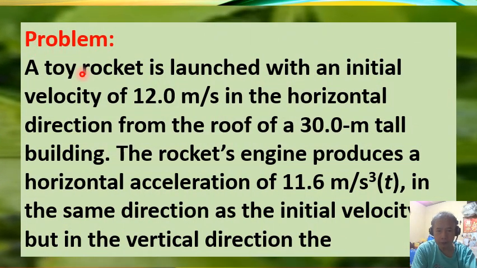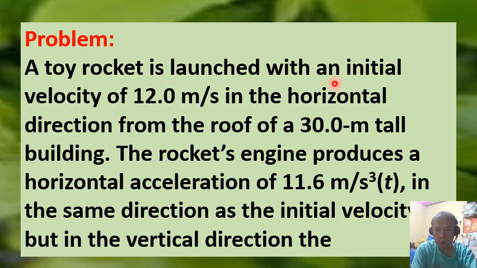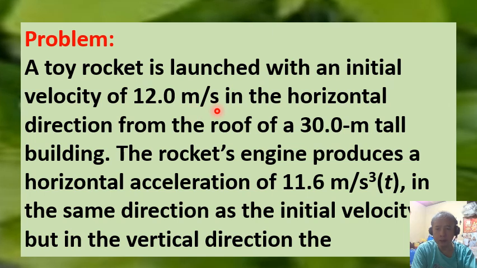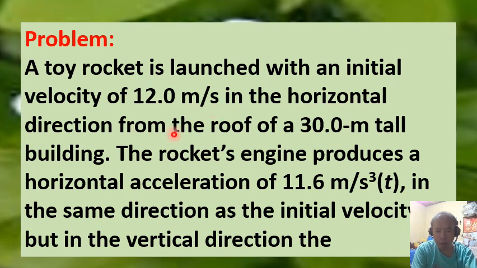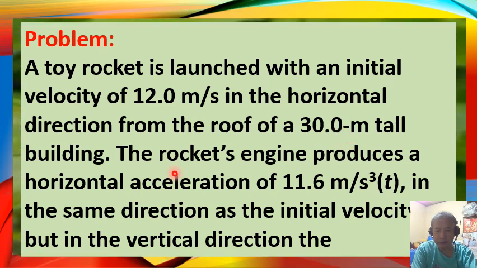The problem is a toy rocket is launched with an initial velocity of 12.0 meters per second in the horizontal direction from the roof of a 30.0 meter tall building.